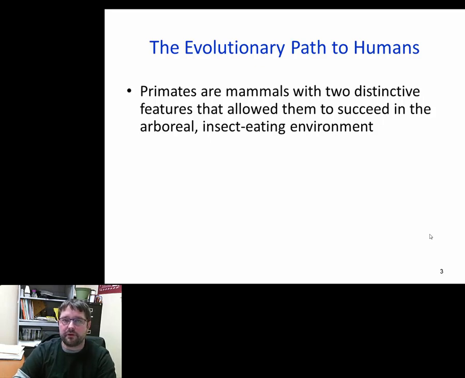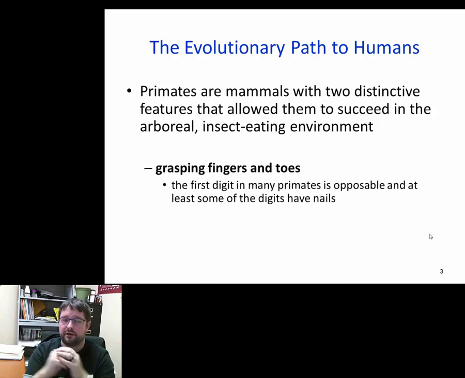Now, primates themselves are mammals that have two really distinct features. Okay? And the distinct features that allowed them to succeed in an arboreal environment, in a tree-dwelling environment, were, one, they have grasping fingers and toes. Okay? And so some were opposable, okay?